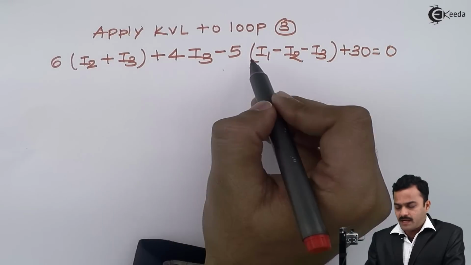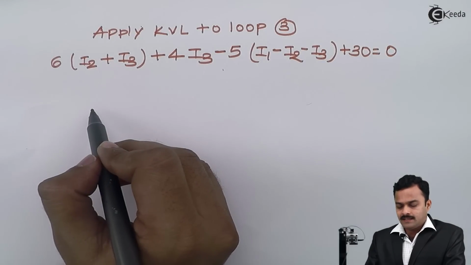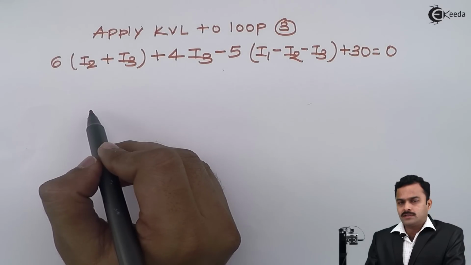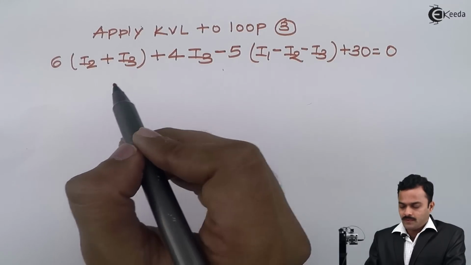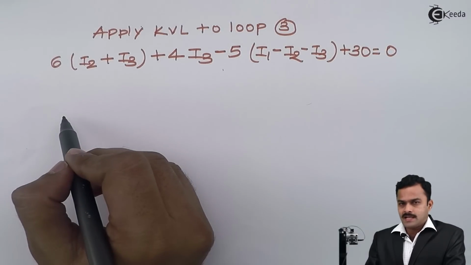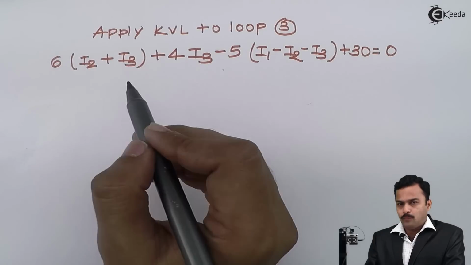See, all this plus minus we have considered as per the direction of current and whether it is having a voltage drop or voltage rise. In case of voltage drop, we consider the negative. In case of voltage rise, we consider positive.